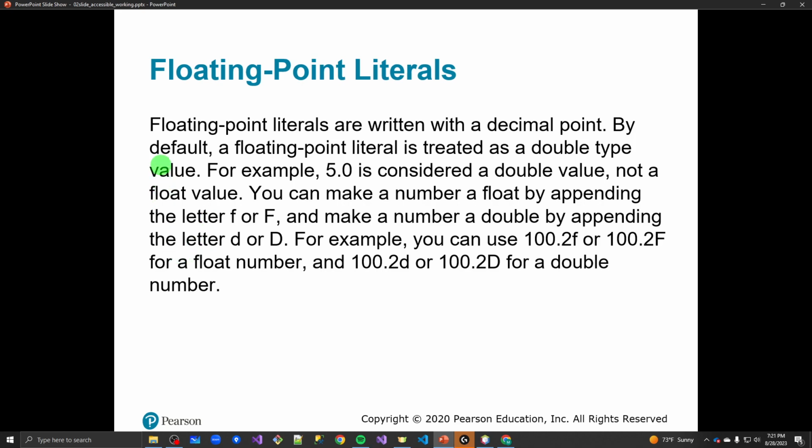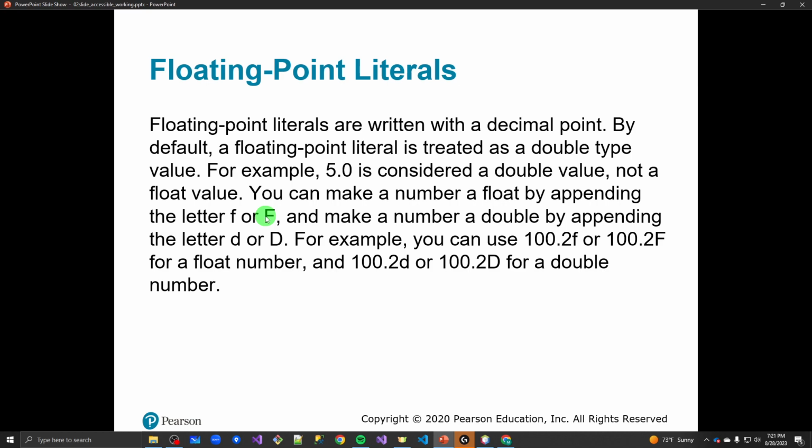Floating point literals are written with a decimal point. By default, a floating point literal, meaning if we see a decimal point, Java says, hey, that's a double. It doesn't say, hey, that's a float. It says, hey, it's a double. Okay. So if we want it to be a float, we have to stick an F, lowercase or uppercase. In this case, it doesn't really matter if it's lowercase or uppercase because you can't confuse those for a 1 or anything like that.